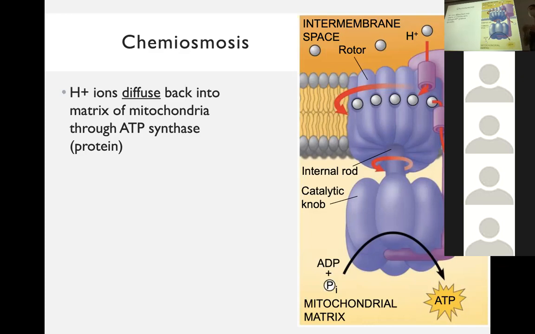And know that that's where, so remember in that intermembrane space, in between the inner and the outer membranes of the mitochondria, there's all these hydrogen ions. They want to come back across the membrane just to spread out and have a little bit more room. So they're just going to flow back down through ATP synthase, through simple diffusion.